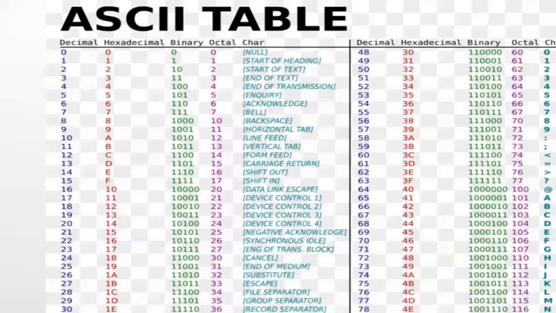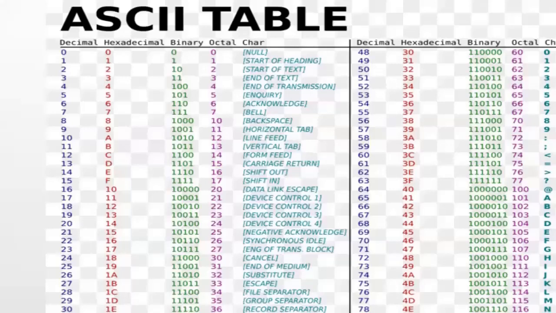So here we have the ASCII format. ASCII is American Standard Code for Information Interchange.